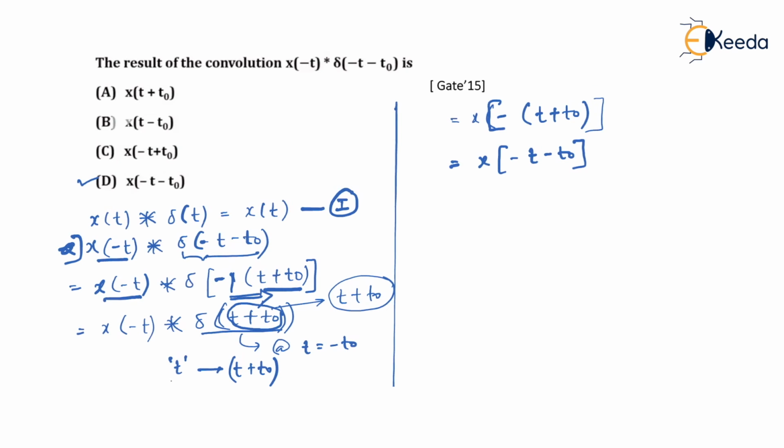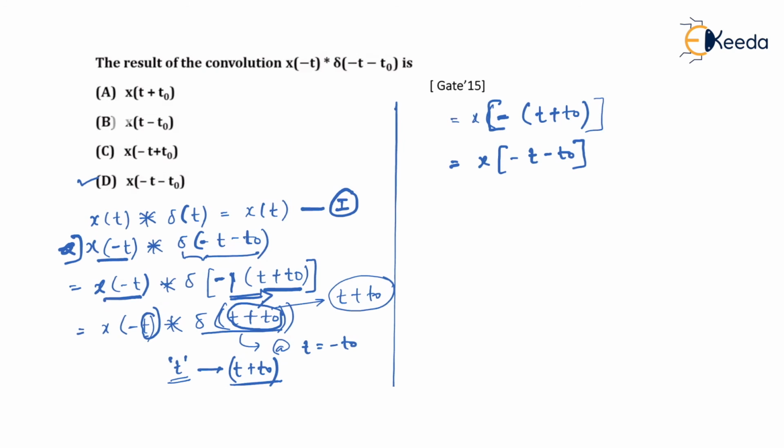In that case, always replace t with the argument of the del function, which is t plus t naught. So in the place of t, we have replaced t plus t naught. In effect, it has become x of, we already had the negative sign, so I have taken that negative sign, and t is replaced with t plus t naught. So it is x of minus t minus t naught, which is option D.